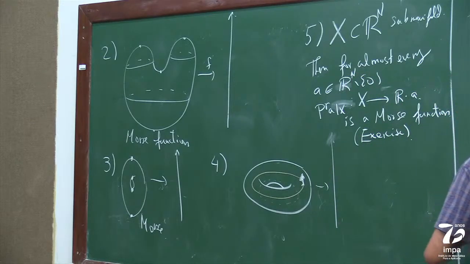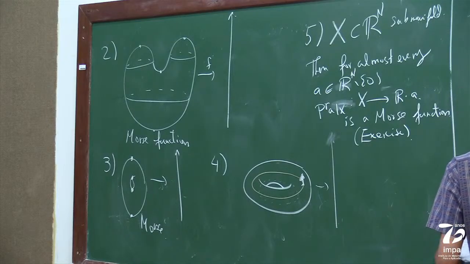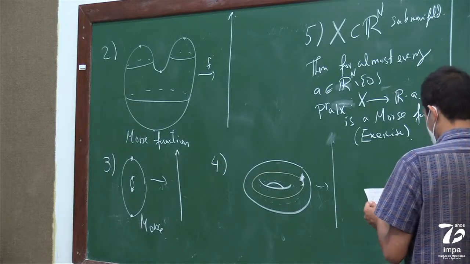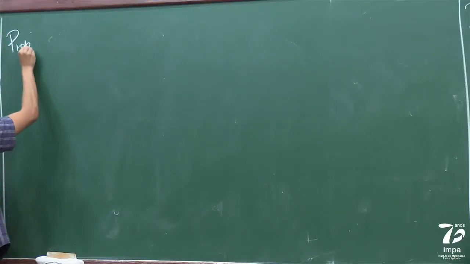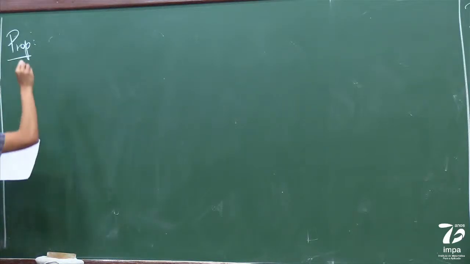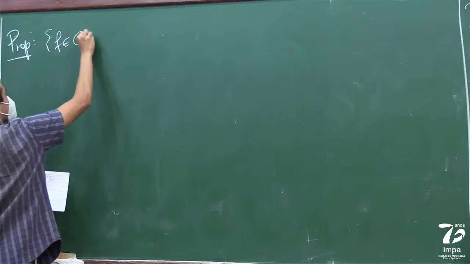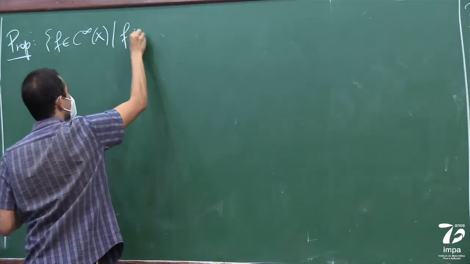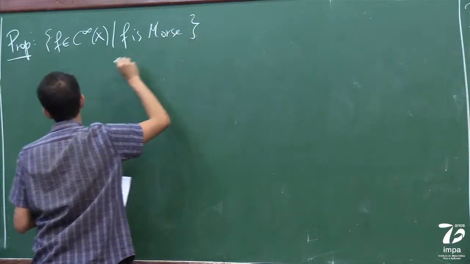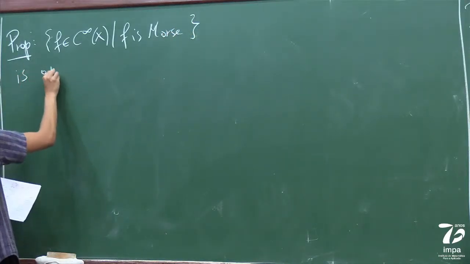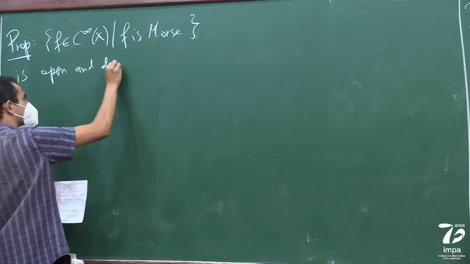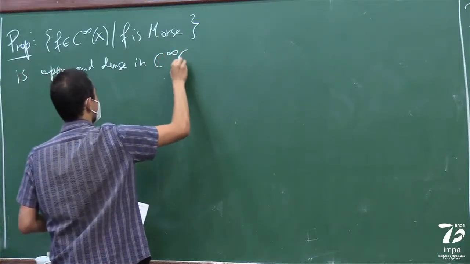But a stronger result that you can prove using Thom transversality theorem is that, I can't remember if I did this or not, I think I did this, but anyway, the set of Morse functions is open and dense in C infinity.